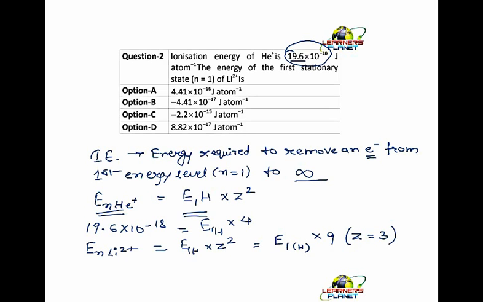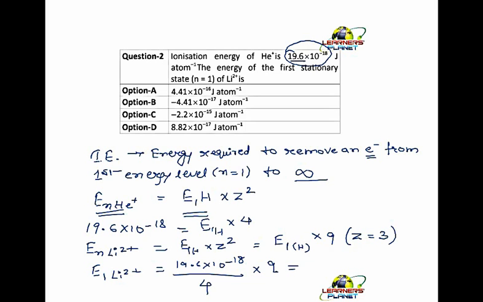So now here E1H, what is it? If I find out, energy first of Li2+ is equal to, what is the energy of hydrogen? 19.6 into 10 to the power minus 18 divided by 4 multiplied by 9.